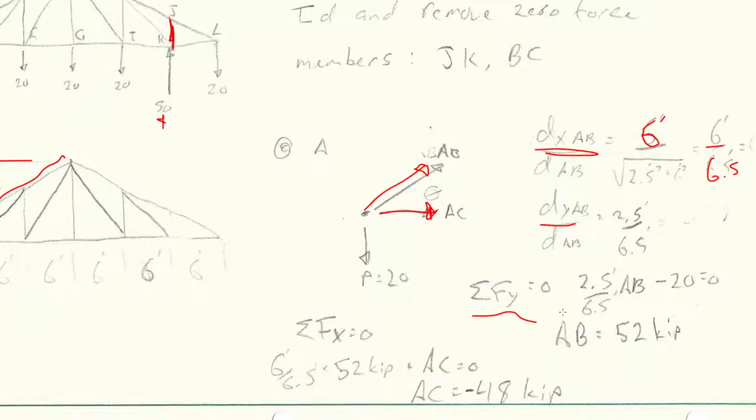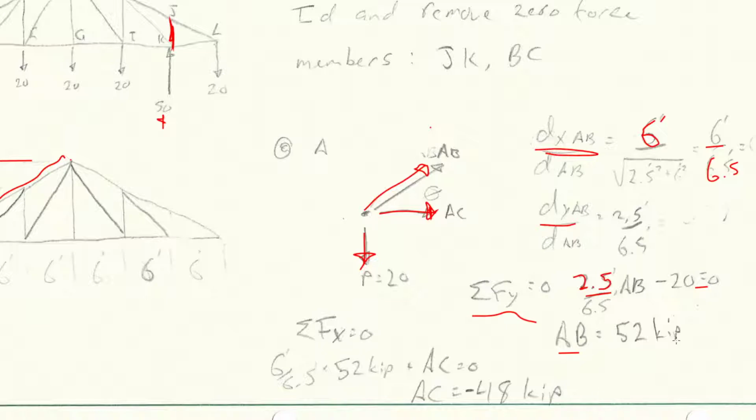We're going to have the positive y component, 2.5 over 6.5 times FAB, minus our 20 kip load equals 0, and then we can just solve for the force in AB as 52 kips.